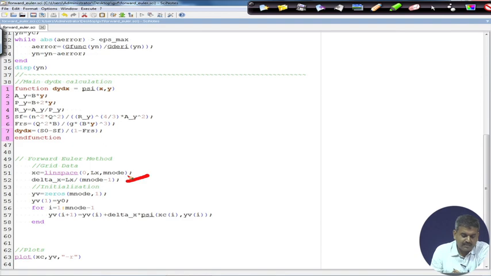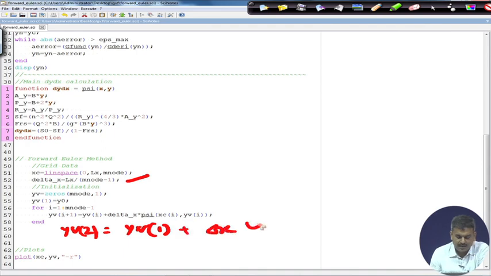Now, if we run this loop from 1 to m node, for 1, yb of 2 equals yb of 1 plus delta x times psi of xc of 1 and yb of 1.